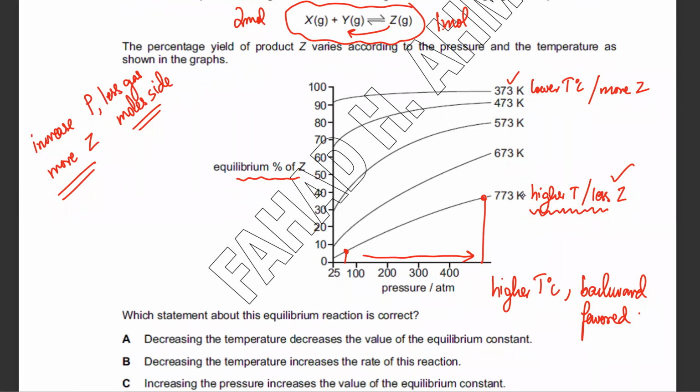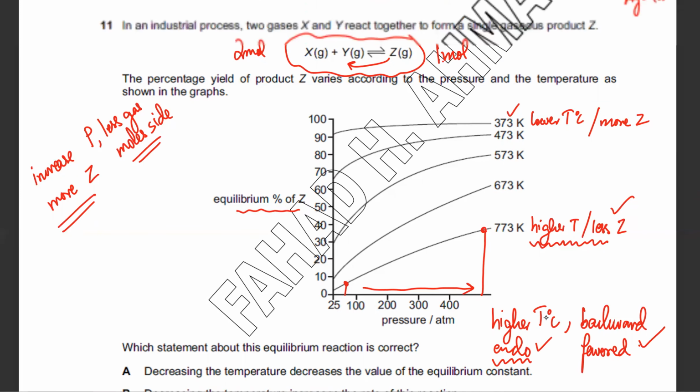और हमने क्या पढ़ा, you already know कि higher temperature favors endothermic reaction, वो Le Chatelier principle का रूल है कि हायर टेम्परेचर किसको फेवर करता है, it favors the endothermic, which means जो बैकवर्ड रिएक्शन है that must be the endothermic reaction. तो फॉरवर्ड उल्टा होगा, forward would be the exothermic.